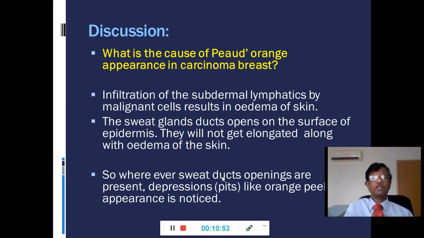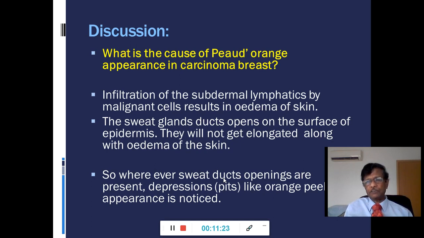What is the cause of the peau d'orange appearance in carcinoma breast? Infiltration of subdermal lymphatics with malignant cells. Yes, infiltration of subdermal lymphatics by malignant cells results in edema of the skin. Sweat glands are present in the dermis, mainly in the reticular dermis.